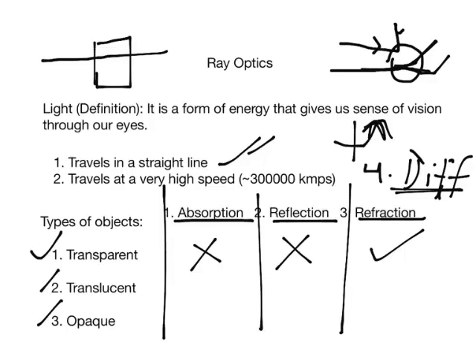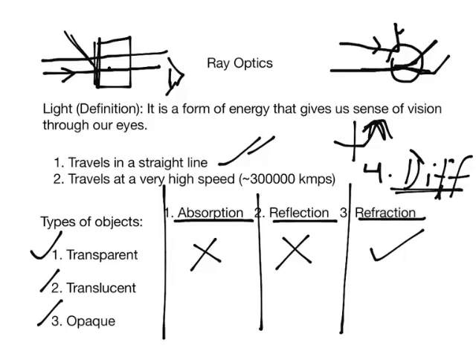So that is called translucent. When light strikes the object, it may absorb some light, it may reflect some light, and it also allows some amount of light energy to pass through it. That's why you can see a little bit of light coming through it.